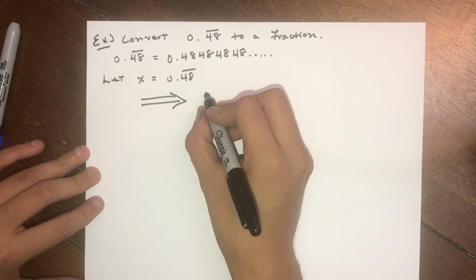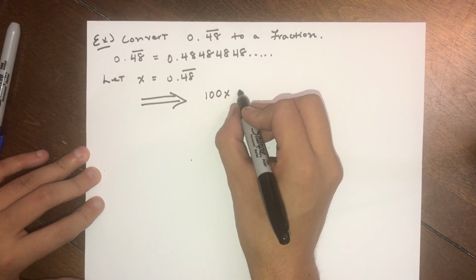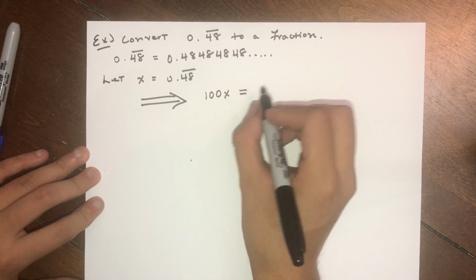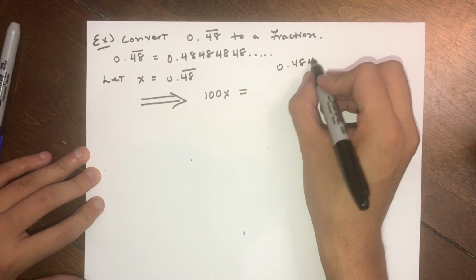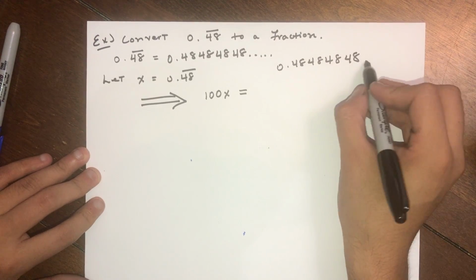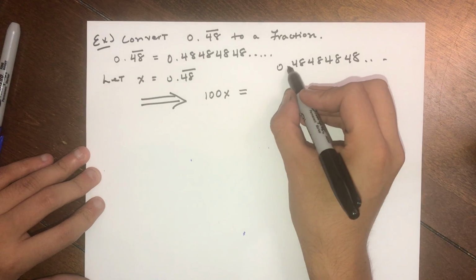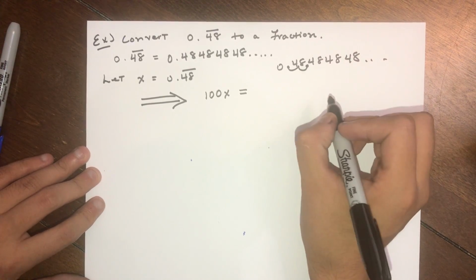Now we get 100x equals 0.4848 repeating multiplied by 100, which just means to move the decimal point twice to the right.